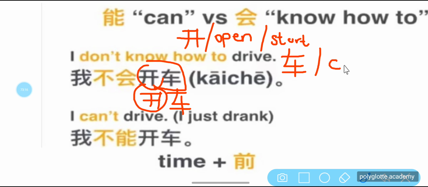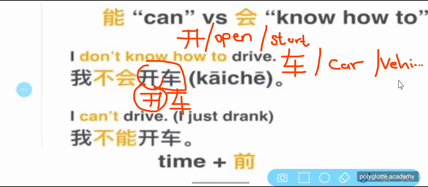So Che, that's a car. Sorry, it's a car or vehicle. So Che, which is vehicle. And we have Kai, which is to open or to start.